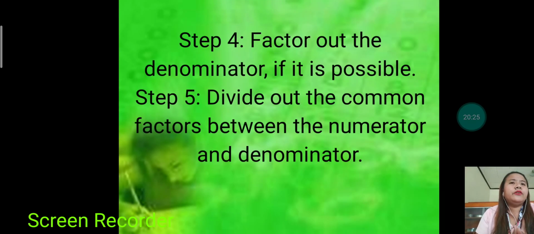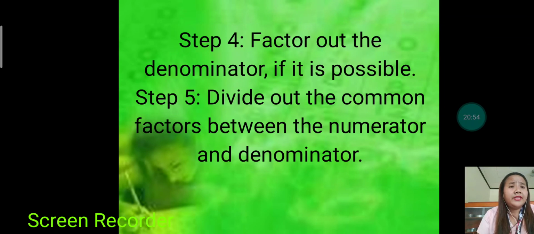Step 4, factor out the denominator if it is possible. Bakit ko po nilalagyan ng if it is possible? Kasi po, hindi naman po lahat ng numerator at denominator ay factorable. So, sabi ko nga, pag-aralan munang maigi yung given bago natin i-perform kung talagang dapat siya ay i-factor.